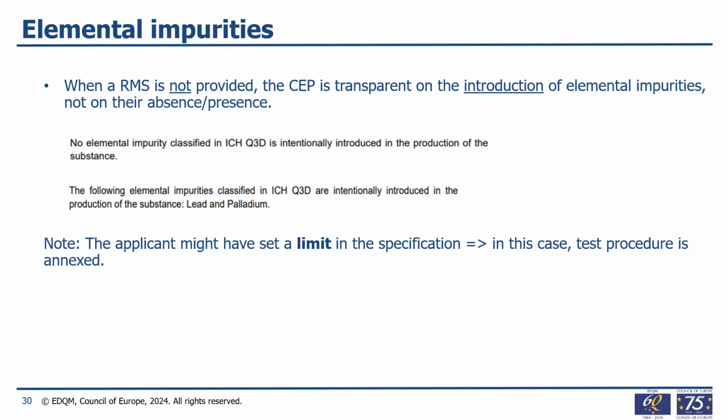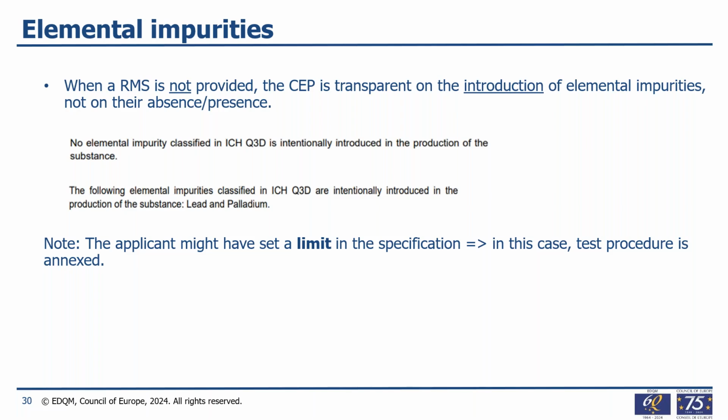When the risk management summary is not provided, the CEP at least is transparent on the introduction of elemental impurities, not about their levels, absence, presence, but on the introduction. And you may see the following statements.